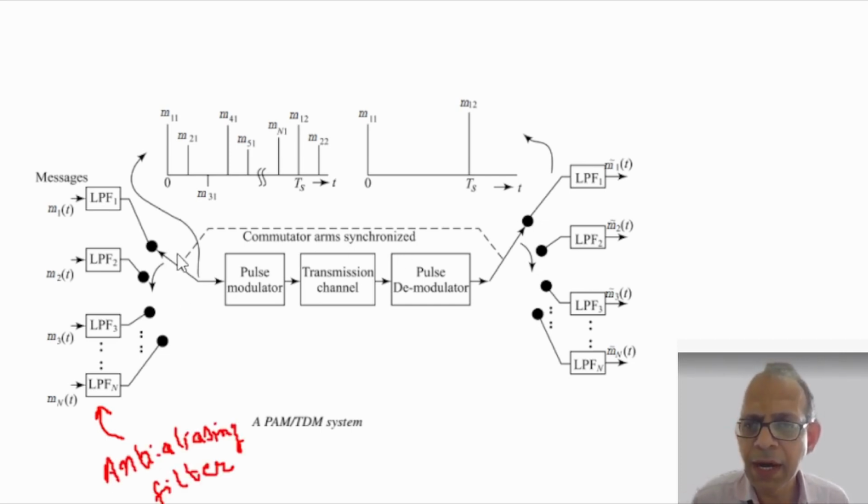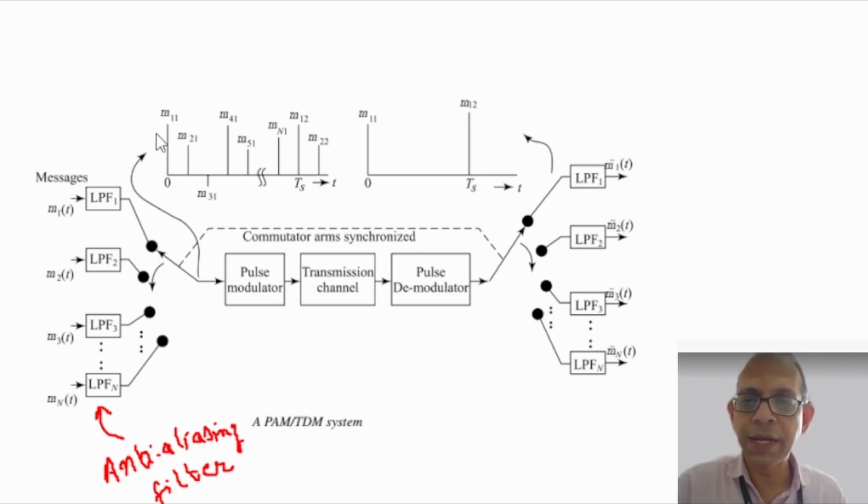There is a commutator which keeps on taking samples from these messages successively. First it takes the first sample from M1, then the first sample from M2, then the first from M3, and so on. After the TS interval, it takes the second sample from M1(t), and then from M2(t), and so on.